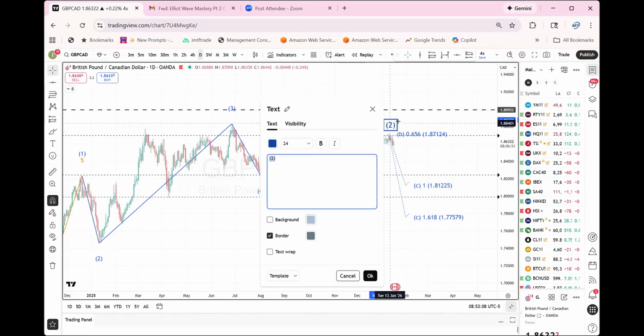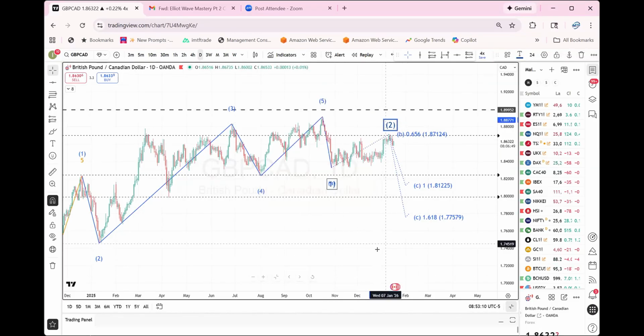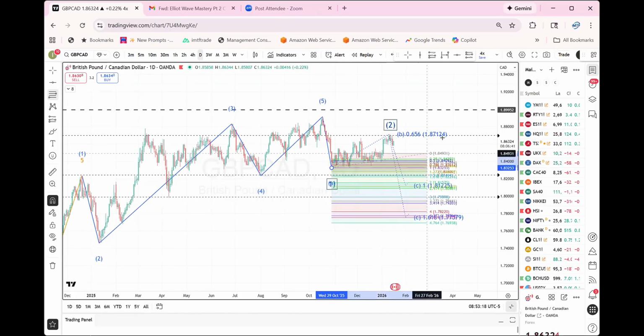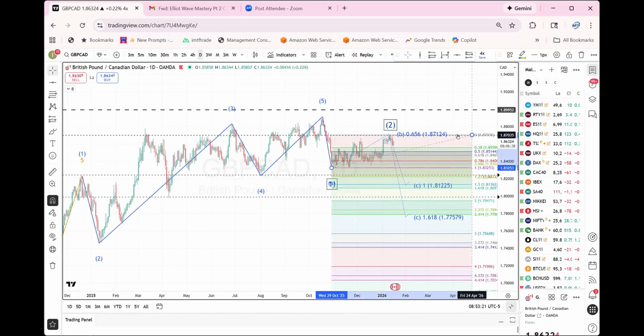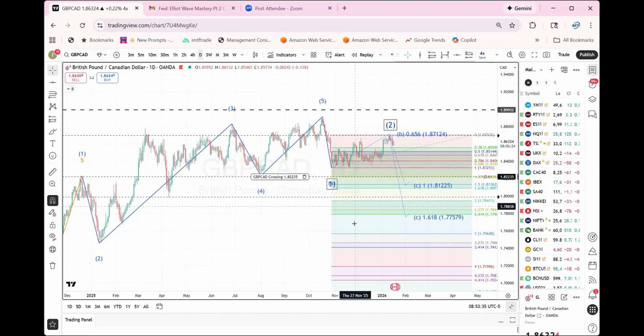And then if this stops here, the key thing is I draw this out here. I have to see where the 127% is, okay? And that will be roughly here, which is pretty much at this pivot low right there.